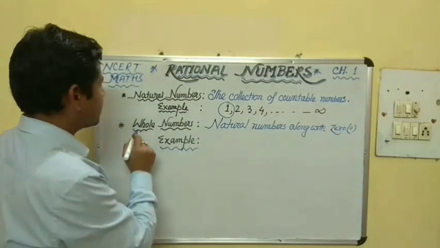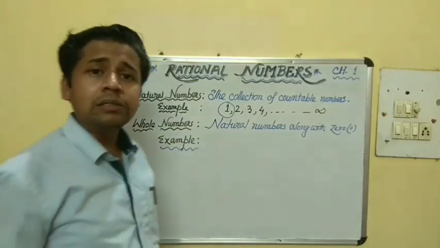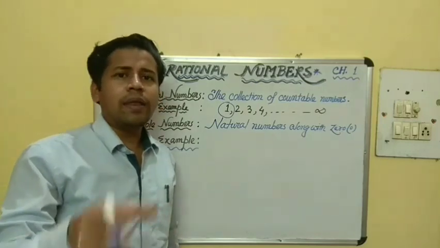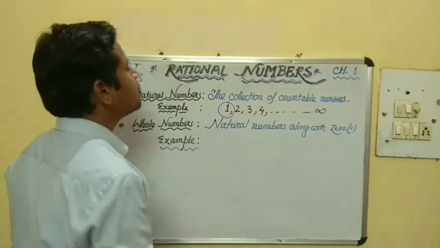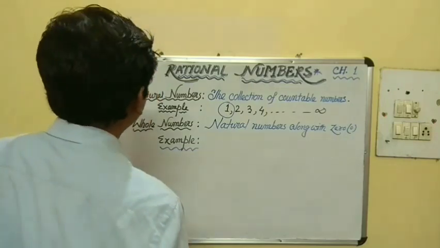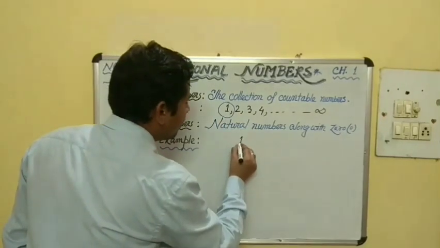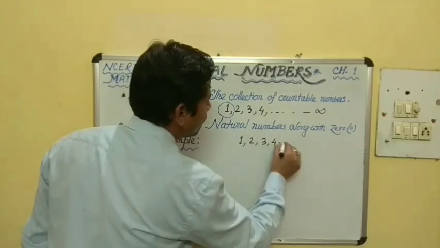Next we are discussing whole numbers. Whole numbers are nothing but the natural numbers along with 0. Natural numbers start from 1, 2, 3, 4, and so on.